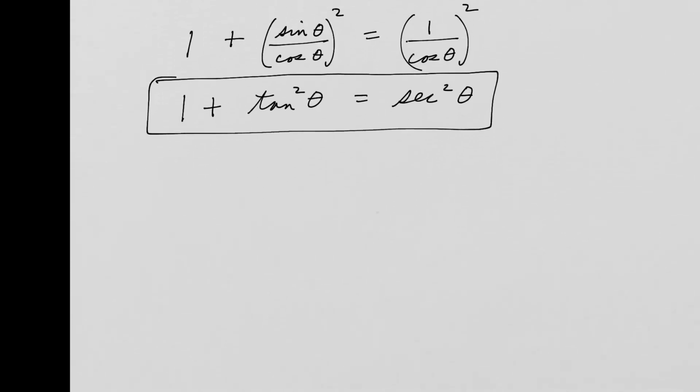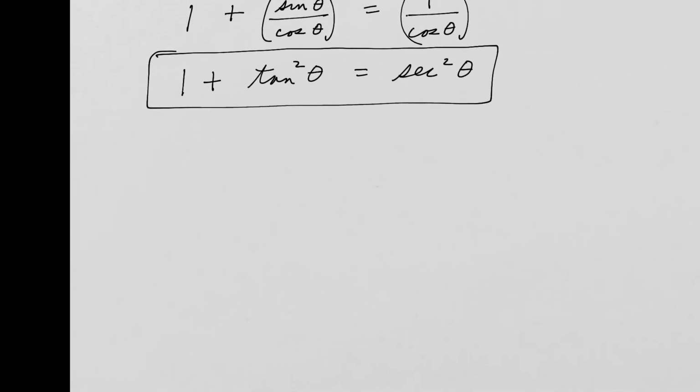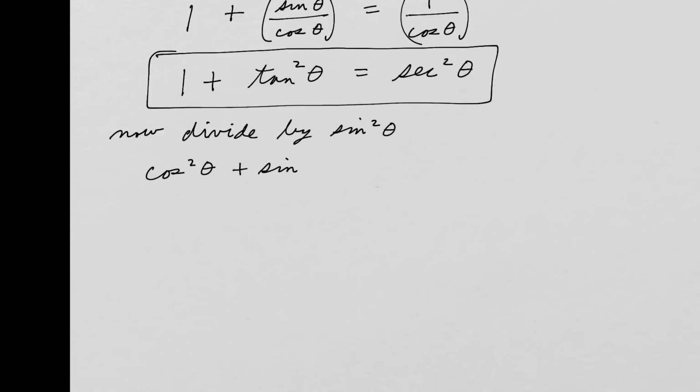And then I could do the same thing. So now I want to divide by sine squared. So I'm going to start with my Pythagorean identity. And now I want to divide by sine squared of theta instead of cosine squared.